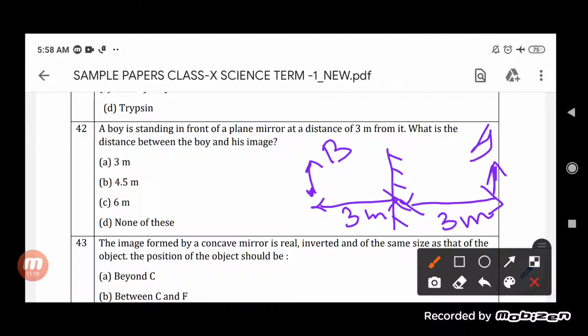So the distance between the boy and his image will be 3 plus 3, that is 6 meter. Okay, so we take this whole distance, 3 plus 3, 6 meter. So the distance between the boy and his image is 6 meter.